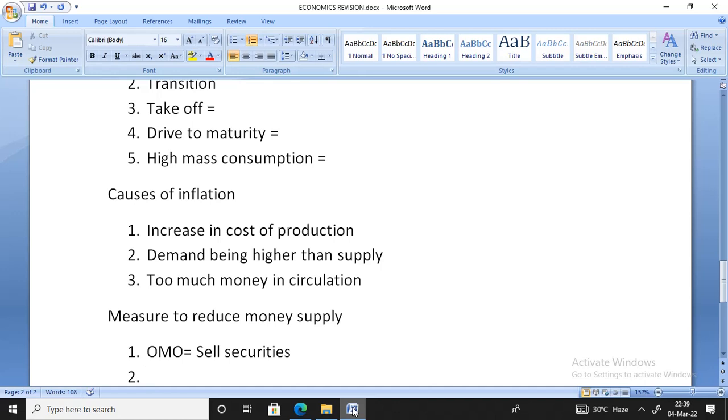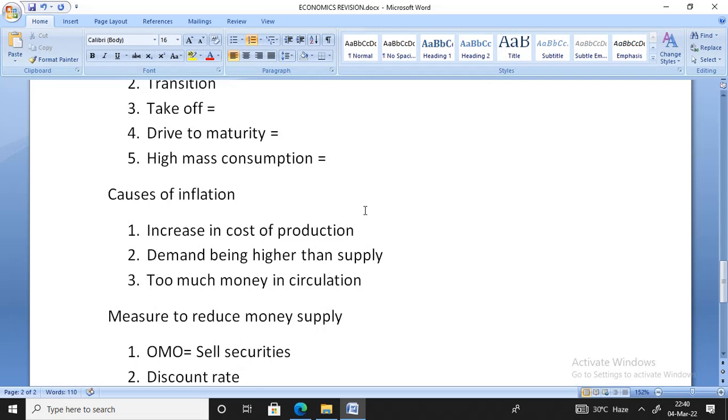Number 2, you have to deal with the discount rate. So what should government do with the discount rate? First of all, what's the discount rate? This is the rate at which commercial banks are allowed to borrow money from the central bank. It's the borrowing rate for commercial banks.